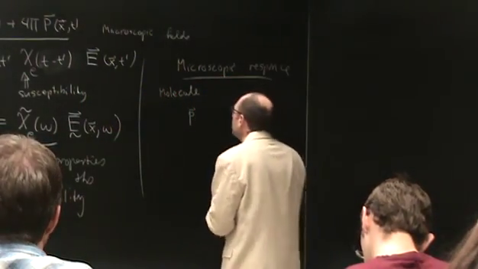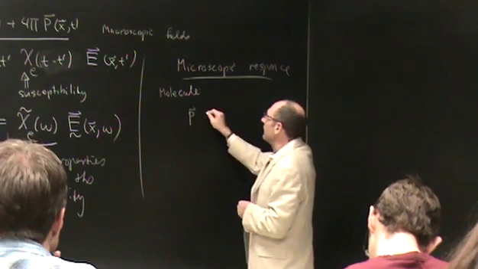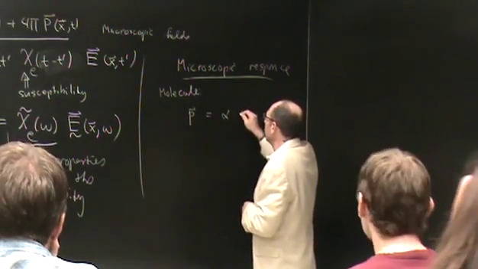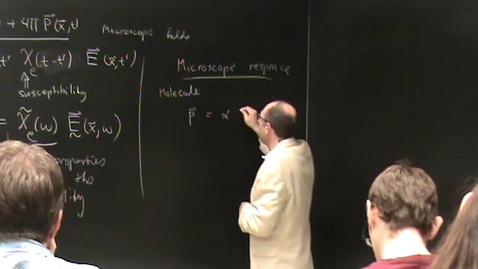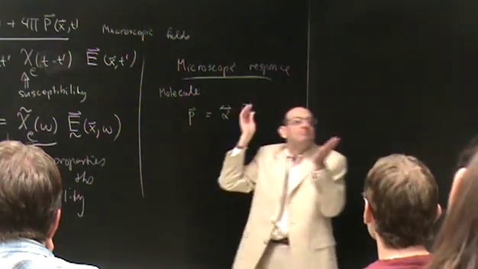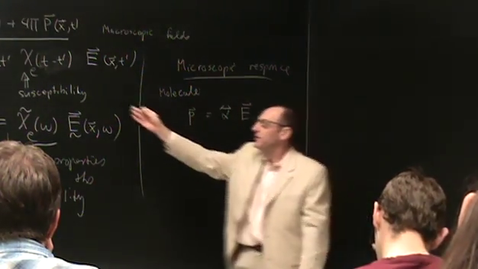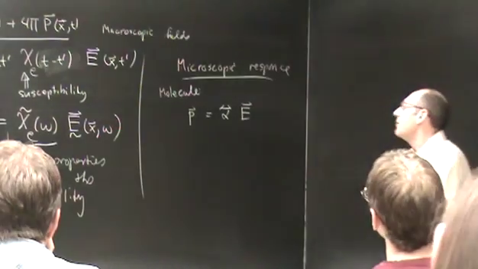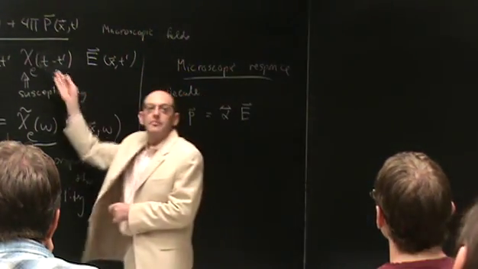And again, in the linear approximation, we would say that it's proportional to the field through a proportionality constant that we call alpha, which generally will be a tensor, in the same way that the susceptibility would generally be a tensor.